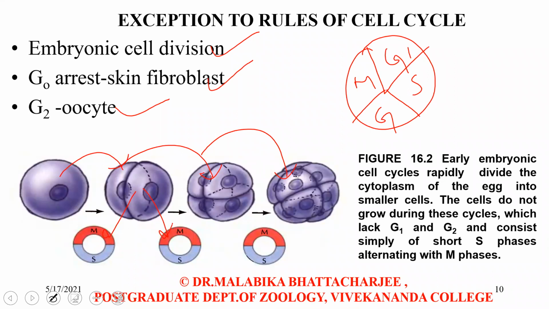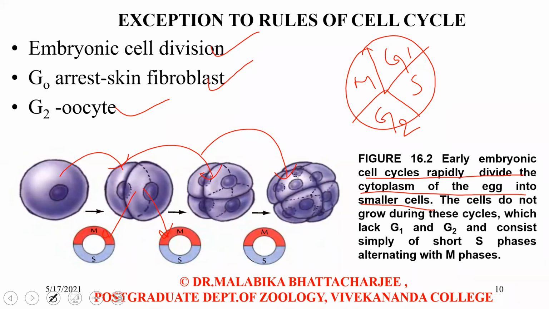The cells lack G1 and G2, because, as I said, these cell cycles rapidly divide the cytoplasm of the egg into smaller cells. So the basic aim of the cell cycle in this case is to divide as fast as possible.